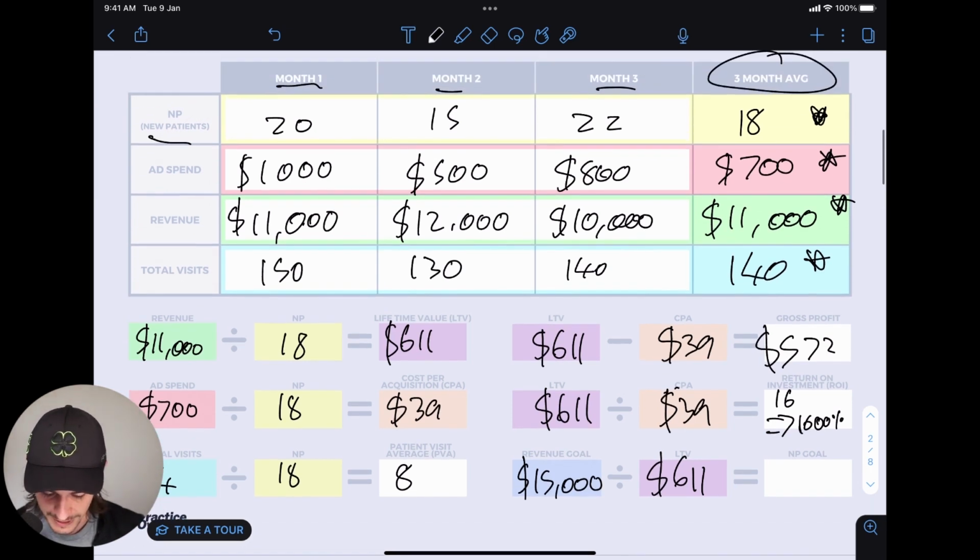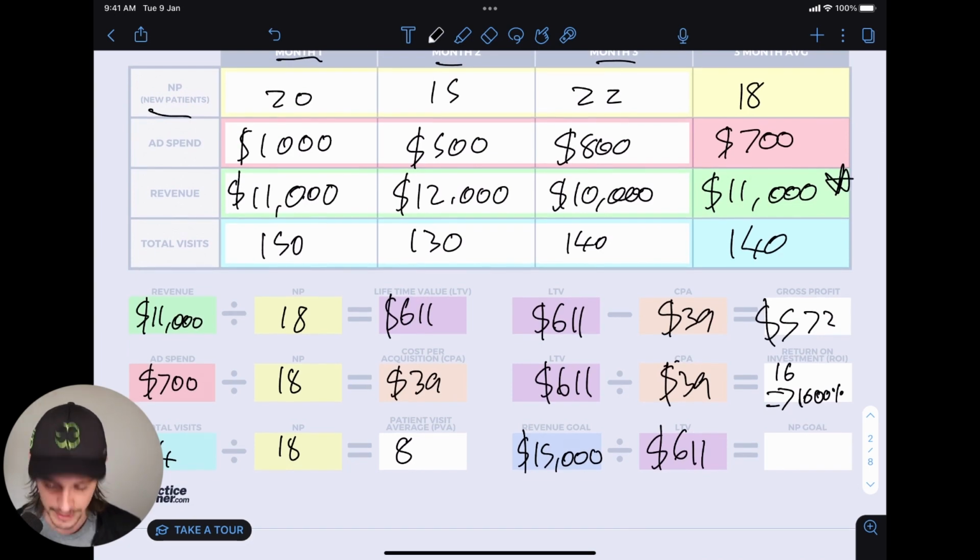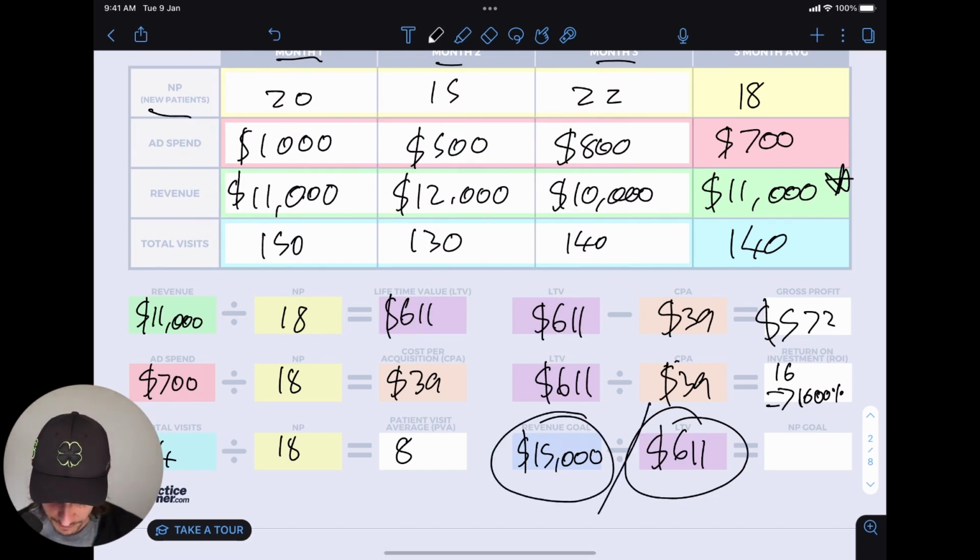Knowing, of course, that right now my average is $11,000 a month. So I want to go up by $4,000 a month extra. How many new clients am I going to need per month on average if I want to make $15,000 a month? Well, if I know that my LTV is 611, I take my goal, divide it by my LTV, and that gives me my new patient goal, which in this case is 25.